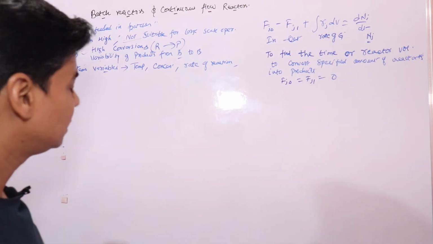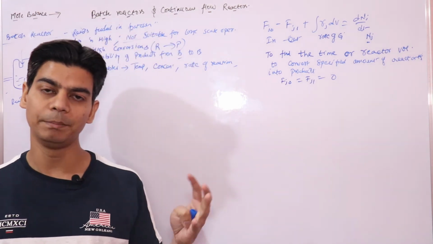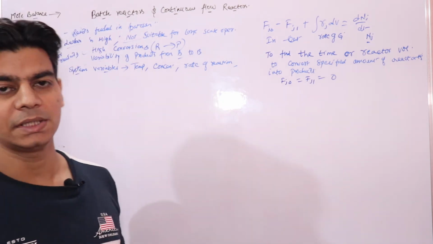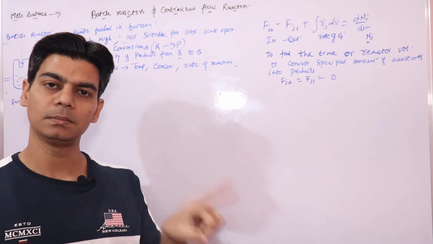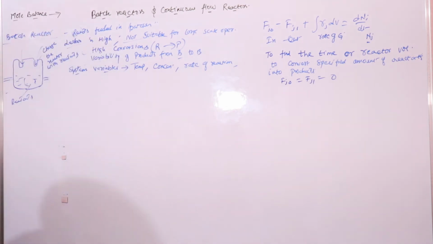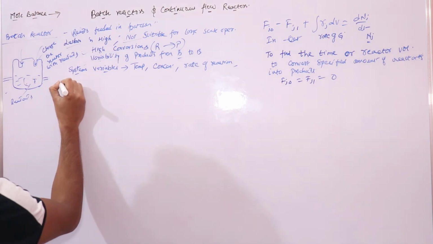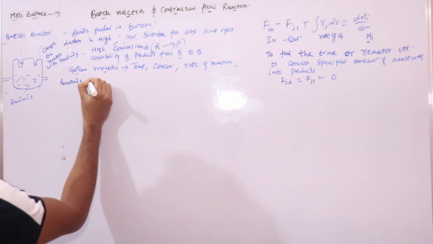Now what we will consider in this batch reaction is that the reactants are mixed so well that their concentration, temperature and reaction rate are the same throughout the reaction mixture. What we basically mean is that the reaction mixture is perfectly mixed inside the reactor, so that there is no variation in the rate of reaction throughout the reactor volume.